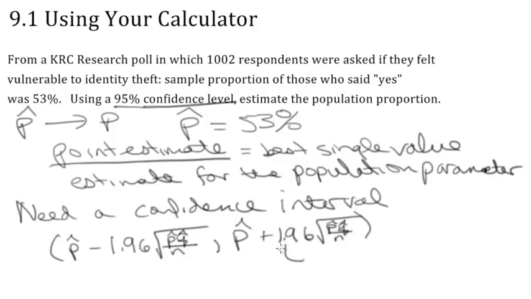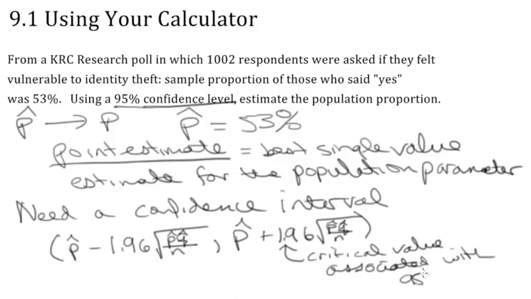And this 1.96 is the critical value associated with a 95% confidence level. And if that is baffling you, go back and watch the confidence level video. Okie dokie, let me clear the screen and let's work this out.